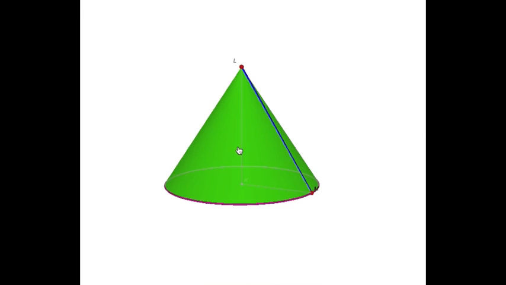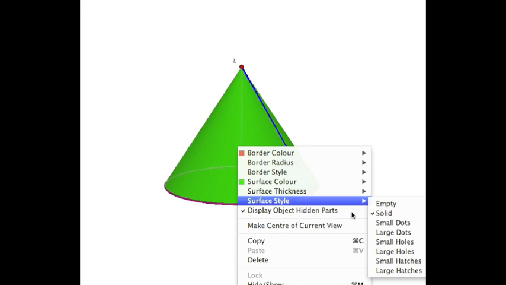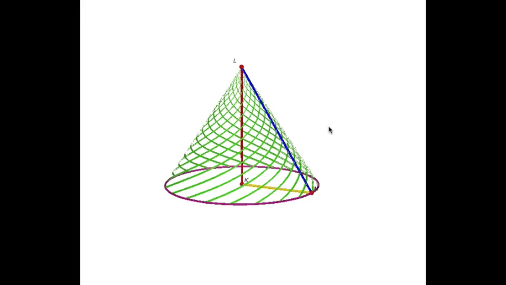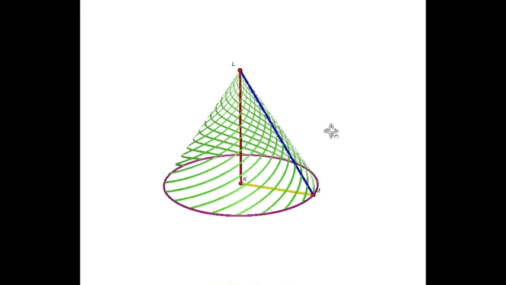So all of the kind of green area would be the lateral area. This blue segment is the slant height, so that would be ML, and KL would refer to the height or the altitude of the cone.